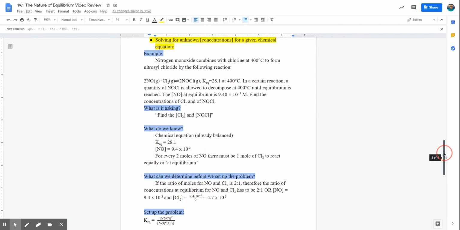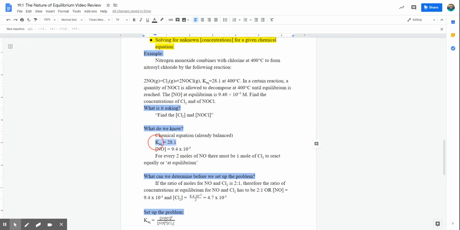So the first question you should ask yourself is, what is the question asking me? It's usually in the last part of the question, but I highlighted it here and I put it in quotes. It says, find the concentration, that's what the brackets are, concentrations of chlorine and concentrations of nitrosyl chloride. So what do we know? So here's what we do know. We know that we have a chemical equation that's balanced.